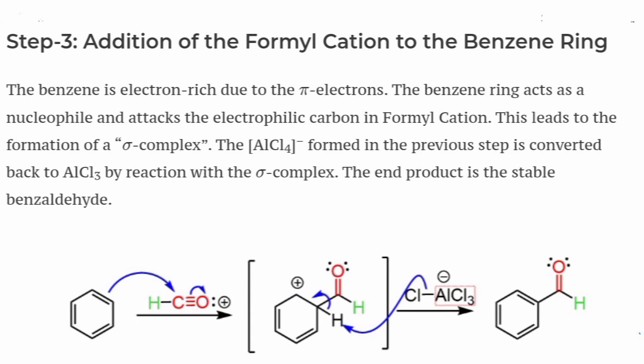On this formyl cation, in this step, you already know this is step 3 of the mechanism, which is addition of formyl cation to the benzene ring. Now let us see how this formyl cation works here with benzene. The benzene already contains pi electrons, that means it is electron rich.